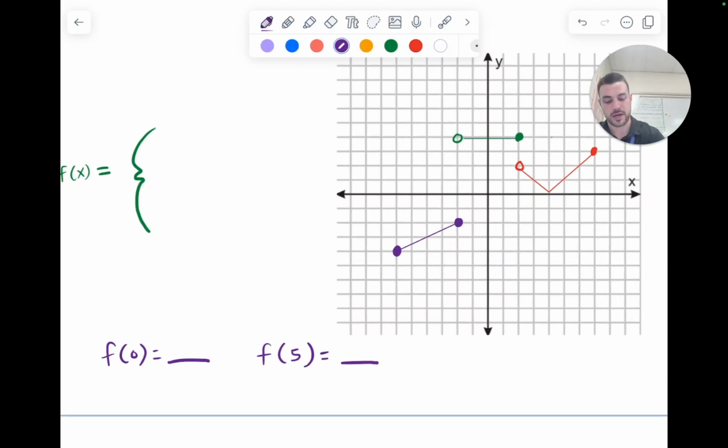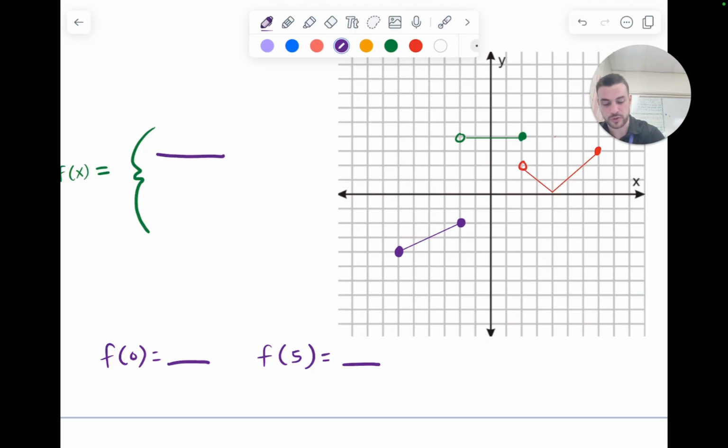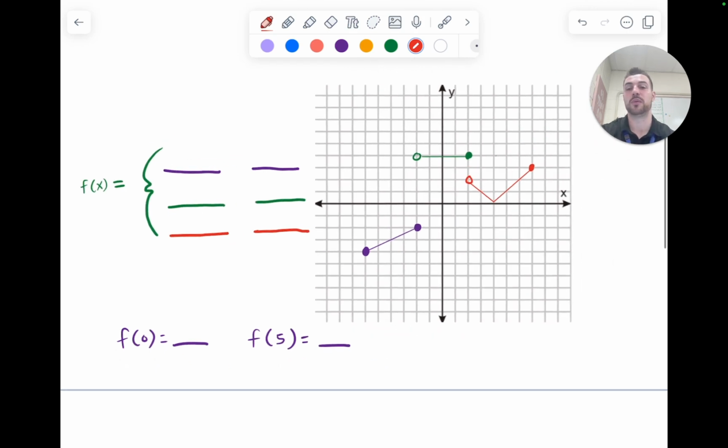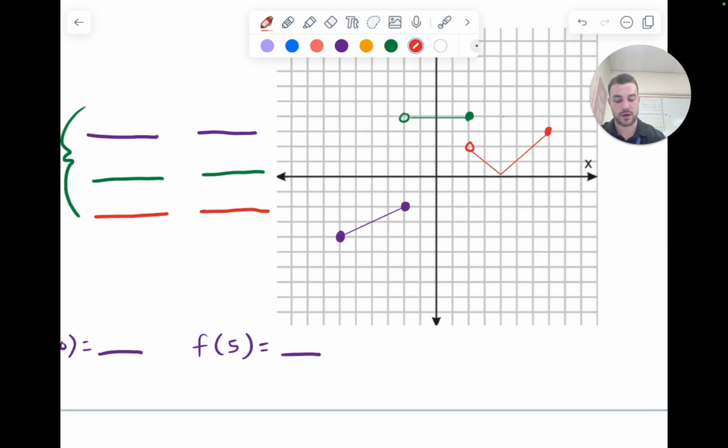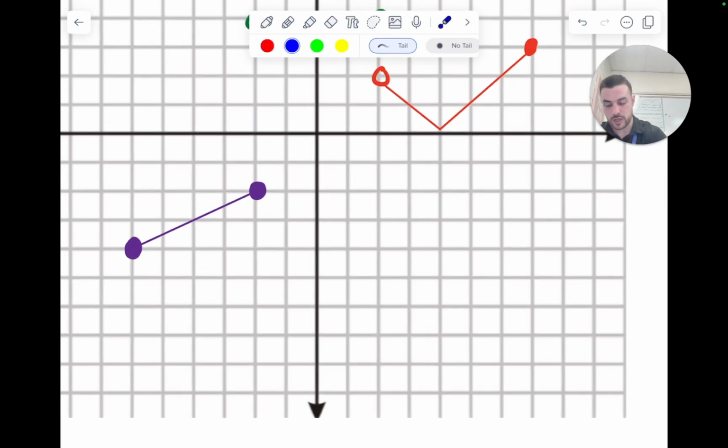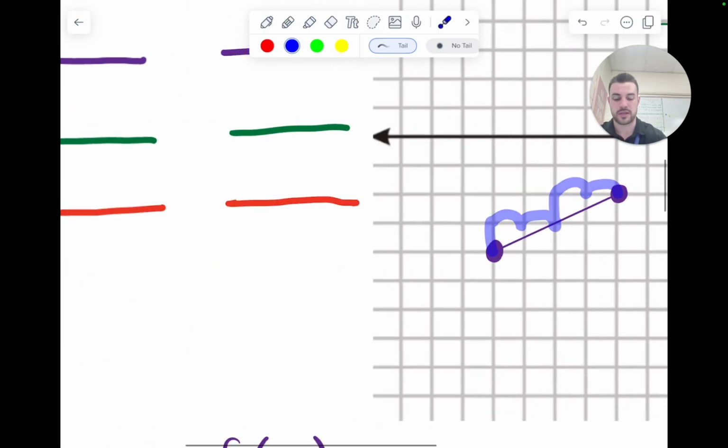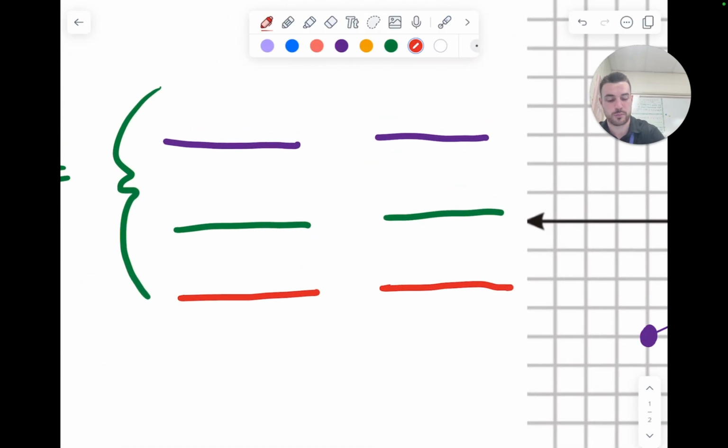So I've got my purple equation and its restriction, green equation and its restriction, and the red equation and its restriction. All I need to do is come up with those equations. If we look at our purple, we can see we're going up 1 and over 2, up 1 over 2. So that means we have a positive 1/2 slope.